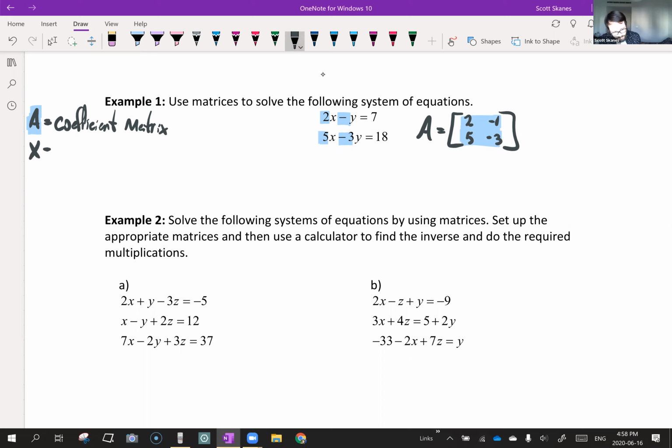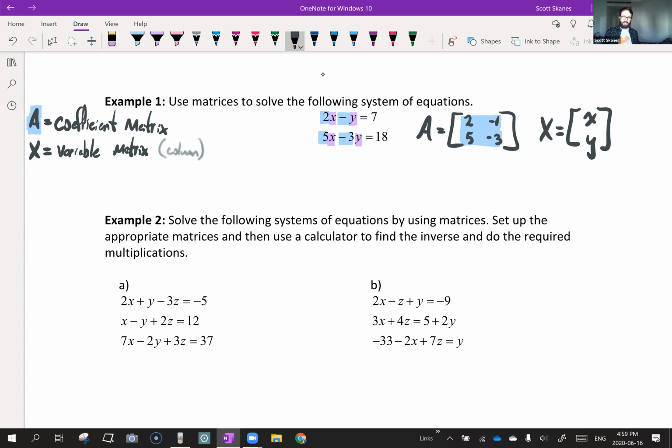The variables, also known as the unknowns, so I'll just say my variable matrix, is going to be a column matrix when we write it, made of all of our variables. In this case, I only have x and y. So even though it looks like x, x, y, y, you have to make it a column. What I mean is just put them vertically like this, x and y.